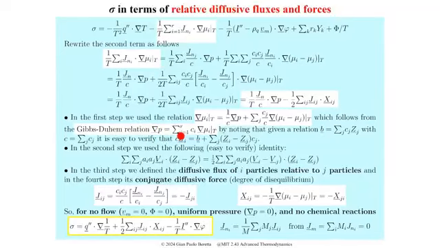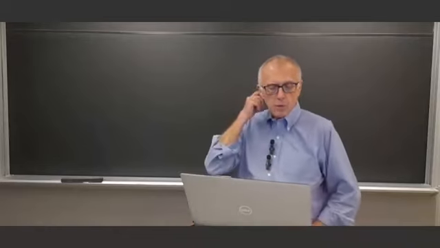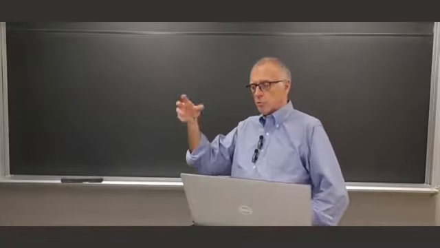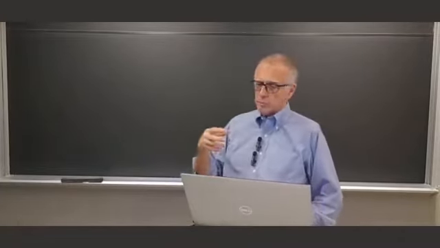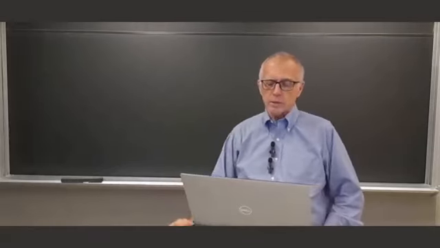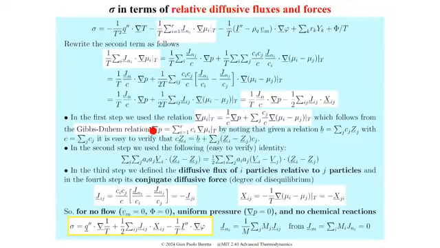It says that the sum of those gradients of chemical potentials, weighted by the concentrations of the constituents, gives the gradient in the pressure. Remember that the pressure, we managed to make it disappear by working in terms of properties per unit volume, but here it reappears via the Gibbs-Duhem relation.